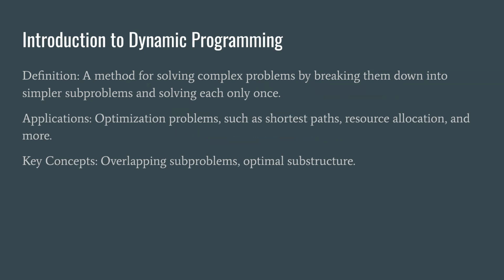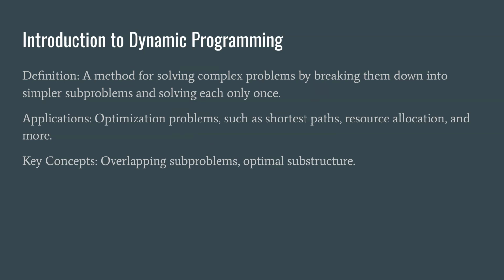Dynamic programming, or DP, is a method used to solve complex problems by breaking them down into simpler subproblems and solving each subproblem only once, and storing their solutions.